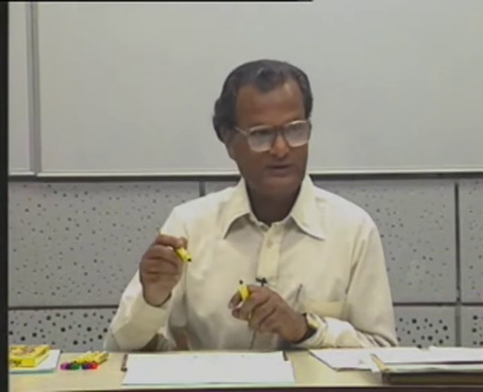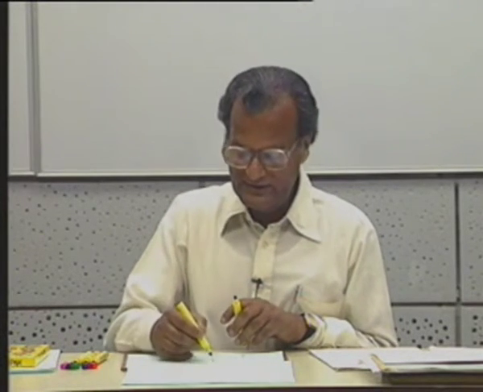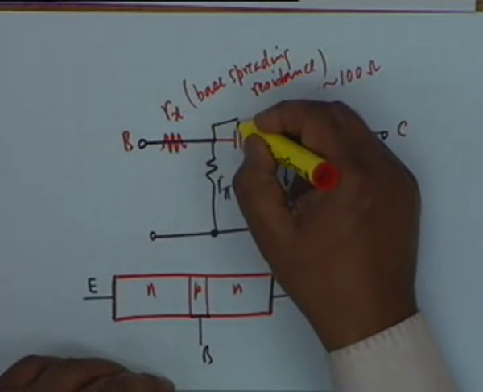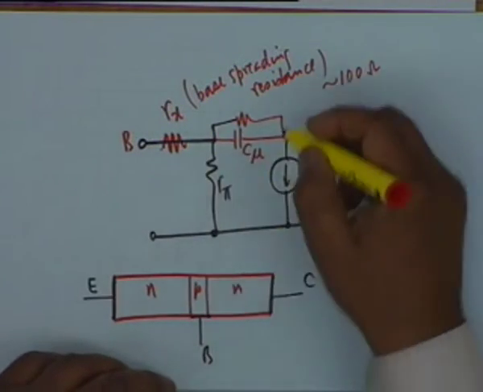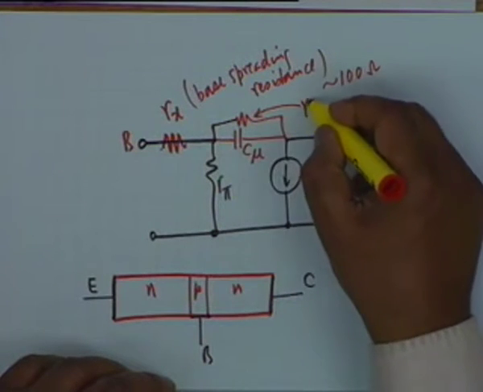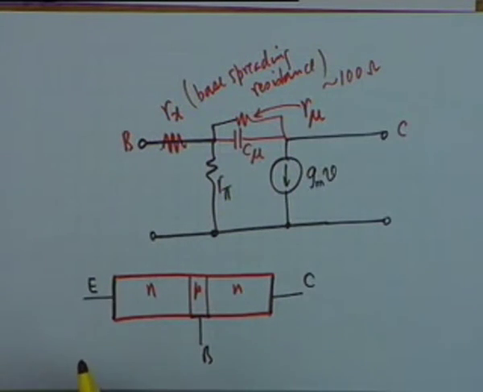Unfortunately, it is not a pure capacitor. There is also a conduction current, and this conduction current is usually represented by a resistance in parallel with C mu, and it is called R mu. Alright.